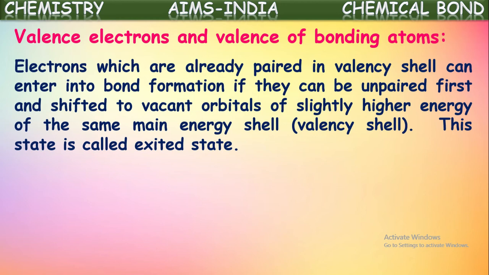So certain atoms come into the excited state before bond formation. Excited state means electrons present in the normal condition jump to higher orbitals in the same energy level and become single electrons, and then they participate in the bond formation. That state is called excited state.